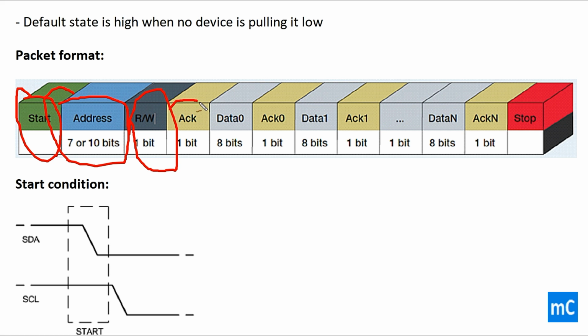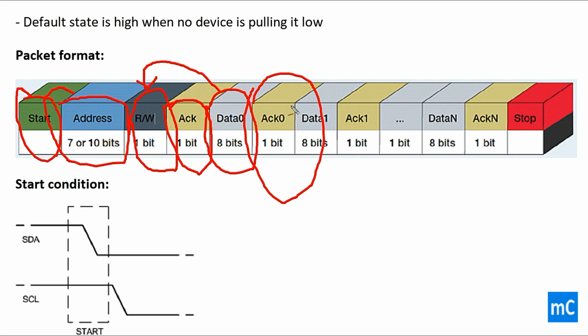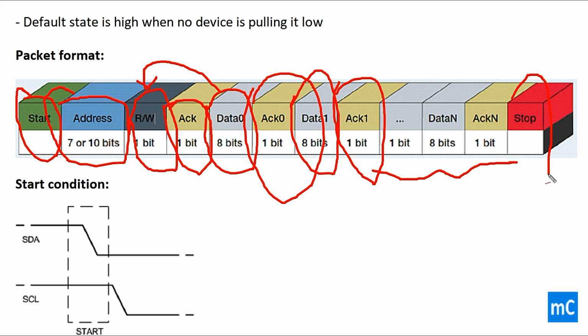After that, ACK, the receiver sends the ACK, so that is the ACK bit, and 8-bit data from master or from slave, that is decided from this bit. And again ACK, and again another data, and again ACK, and it goes on until the stop bit is received. This is the simple explanation of the I2C packet. We will see all this.